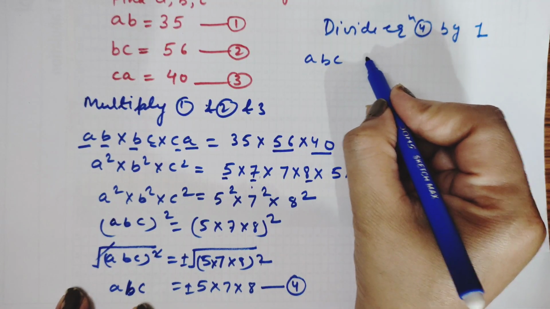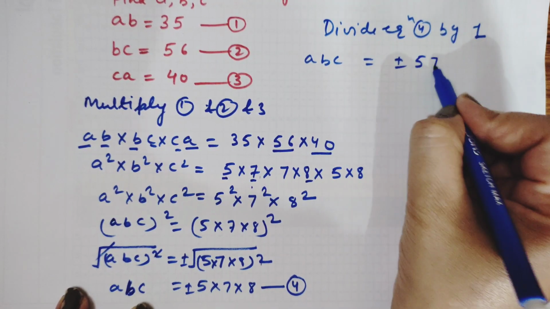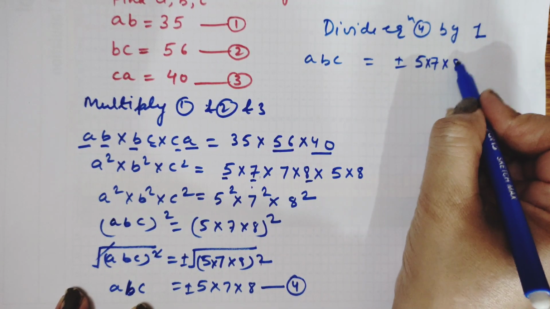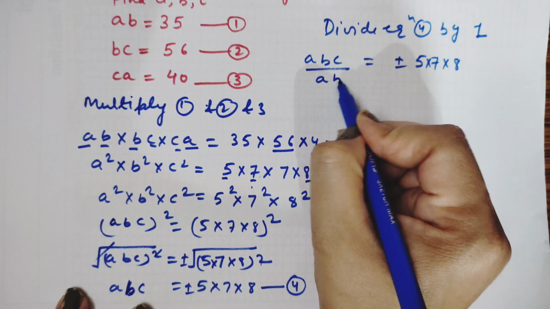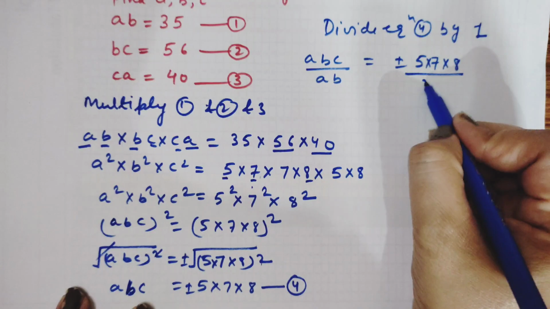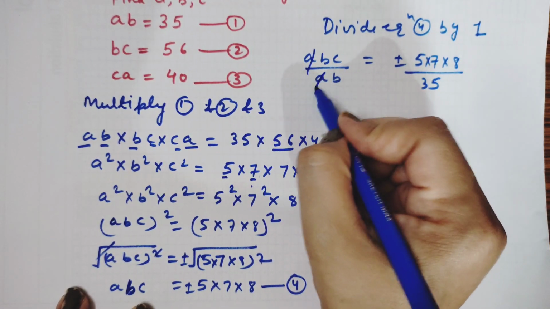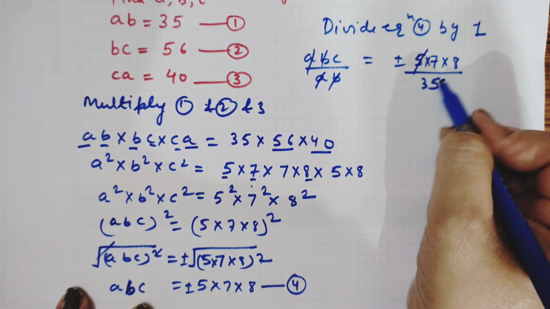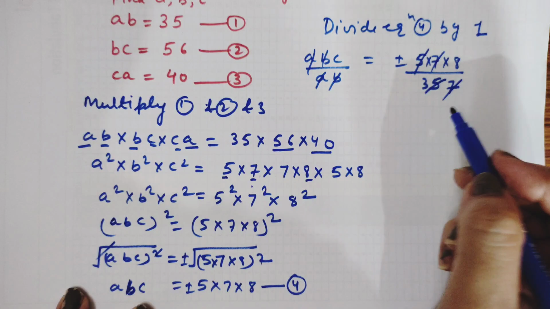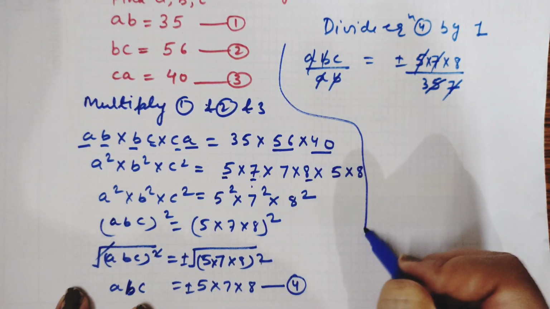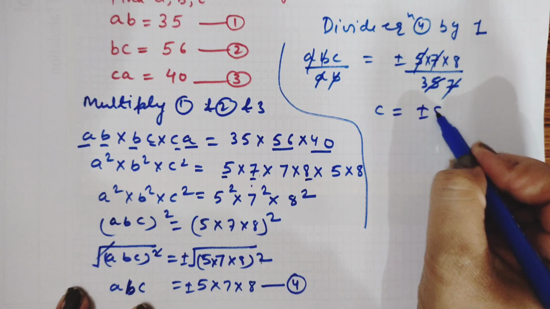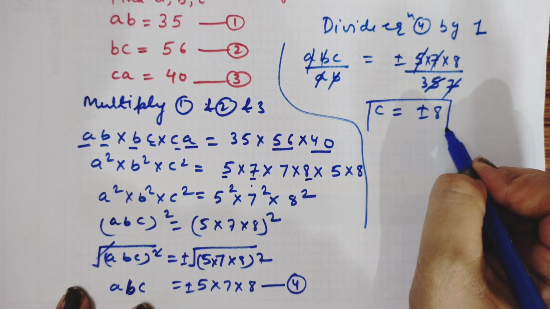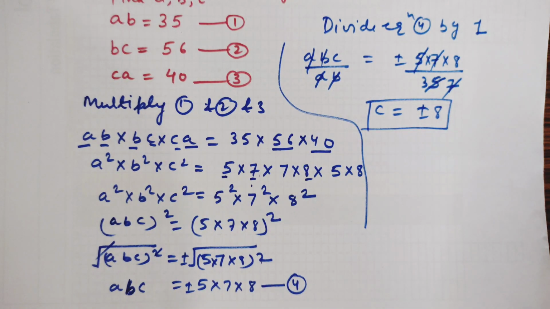ABC equals plus minus 5, 7, 8 is divided by equation number 1, AB equals 35. A cancels, B cancels. 5 times 7 is 35, so 7 and 7 cancel out. Now the left hand side has C remaining, and the right hand side is plus minus 8. So the C value is plus minus 8.